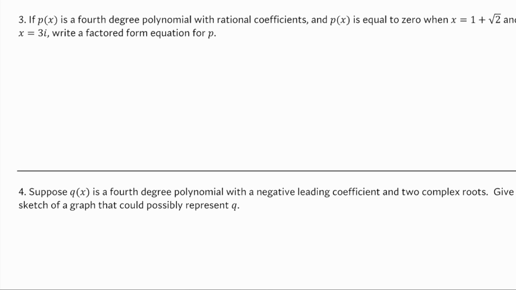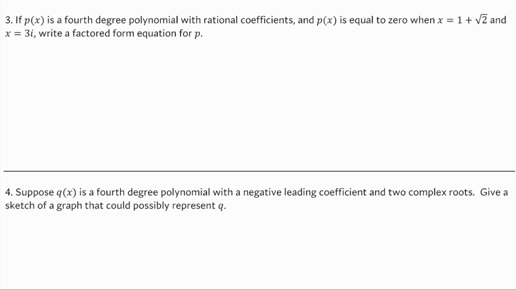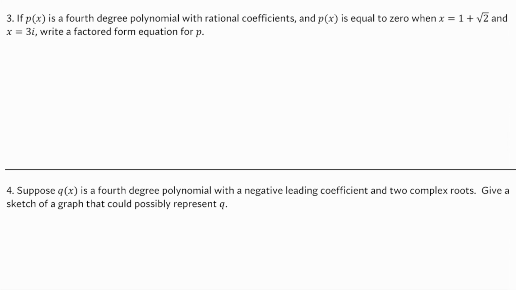If p of x is a fourth degree polynomial with rational coefficients, and that does mean real coefficients, because the rationals are a subset of the reals. P of x is equal to 0 when x is 1 plus square root of 2 and x equals 3i. Write a factored form equation for p. Well, we know that if x is 1 plus square root of 2 is a 0 of a polynomial with rational coefficients, 1 minus the square root of 2 has to also be a root.